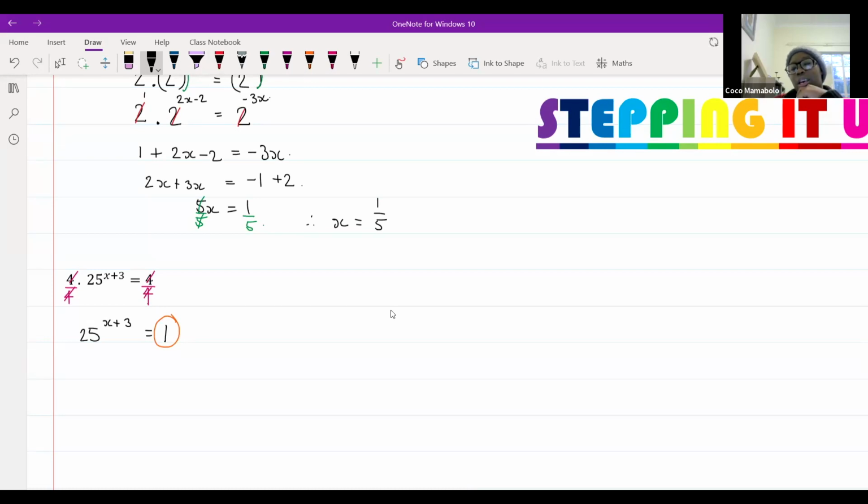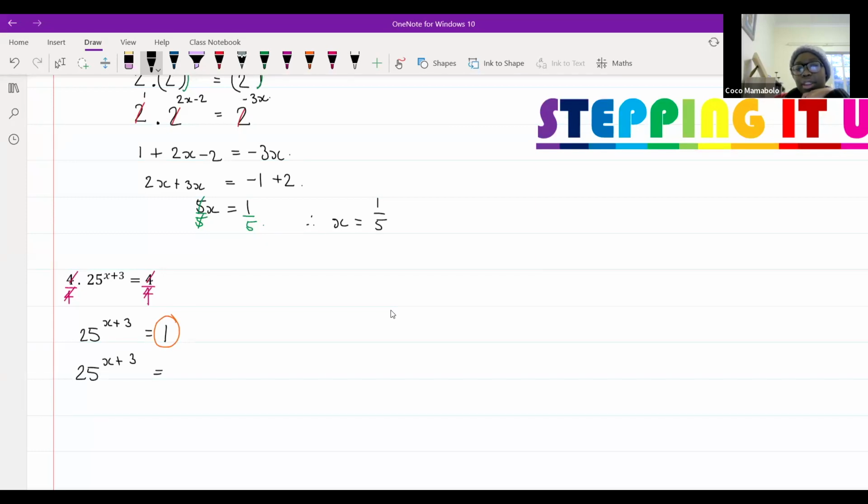So 1 is going to become something to the exponent 0. I've got 25 to the power of x plus 3 is equal to, how else can we write 1? 1 to the power of 0. What to the power of 0? What exactly do we want as the base? 5 to the power of 0.